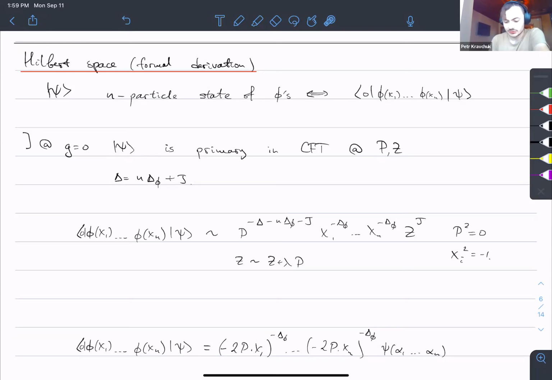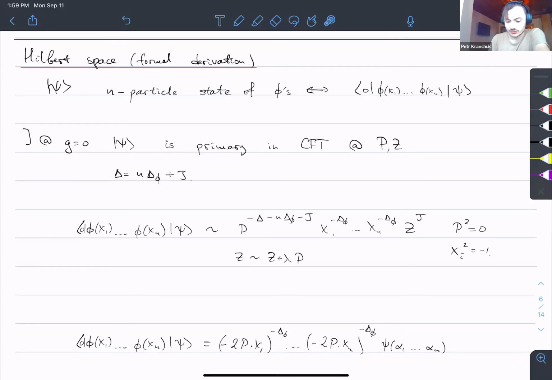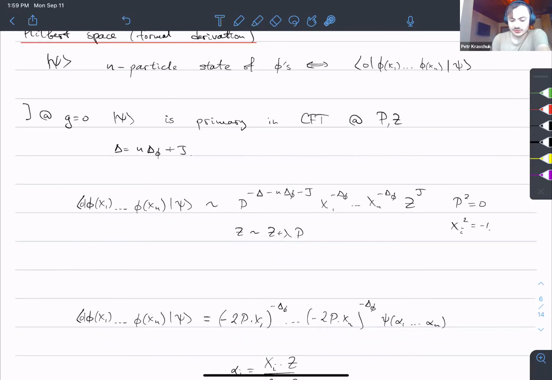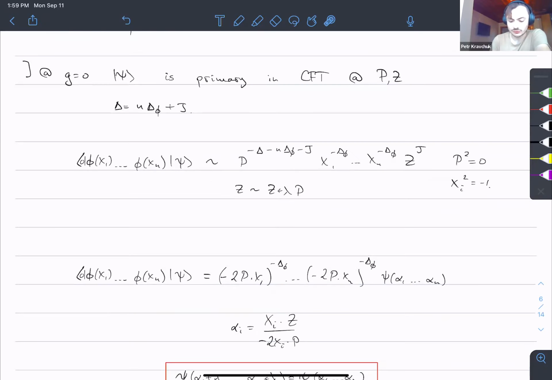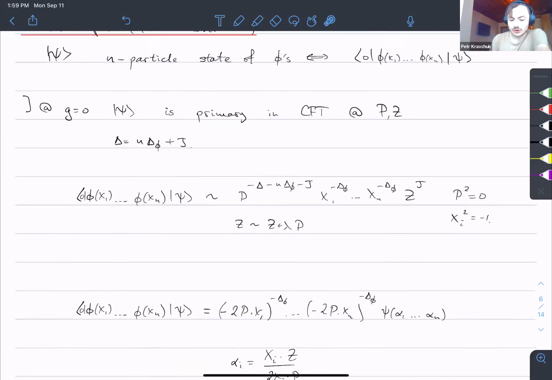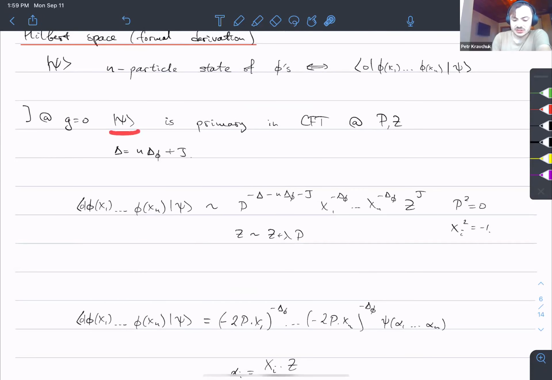I'm not, due to time, going to go into a whole lot of details in this, but the bottom line is that there are some simple general rules which allow you to conclude on the basis of symmetries that if we focus on those states which have the leading twist in free theory, so the scaling dimension is just n times the scaling dimension of phi plus the spin.